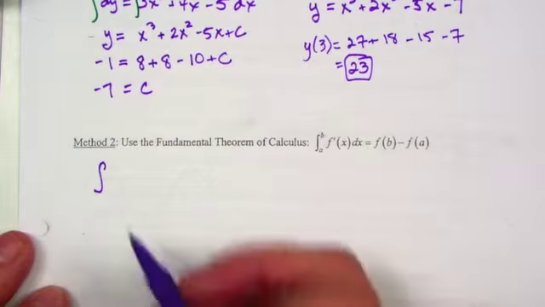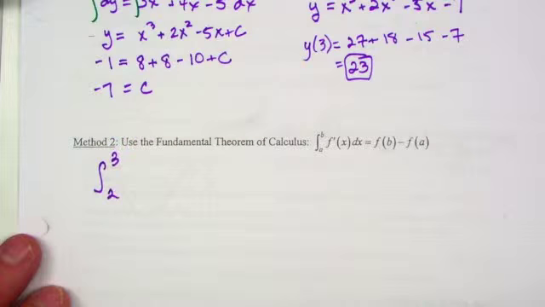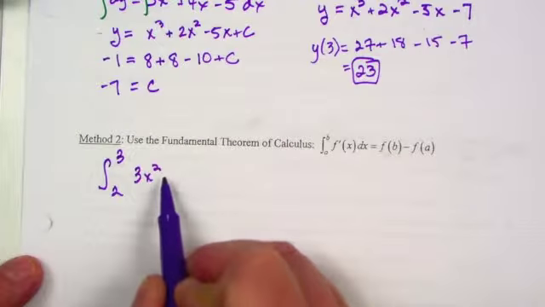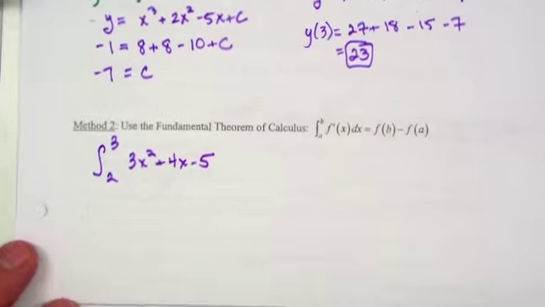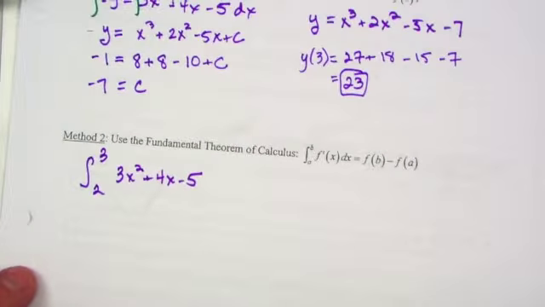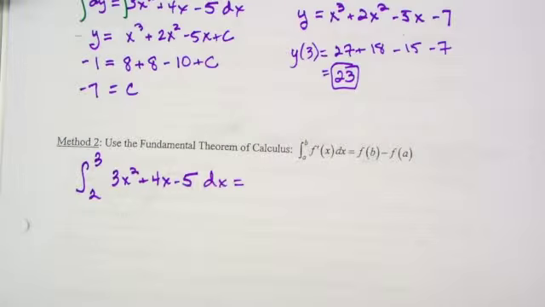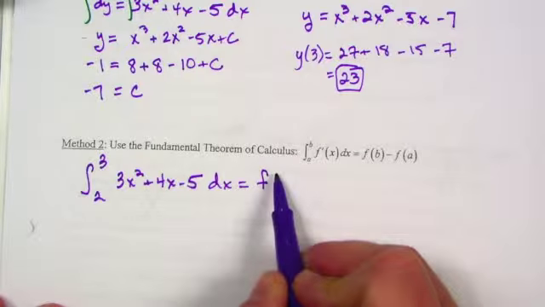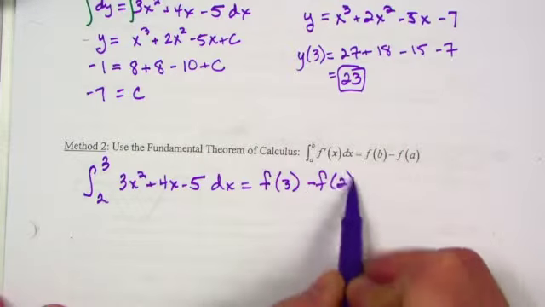So I'm going to go from 2 to 3, because I always go low to high. And I would be integrating 3x squared plus 4x minus 5 dx. And by definition, that's going to equal what? f of 3 minus f of 2.